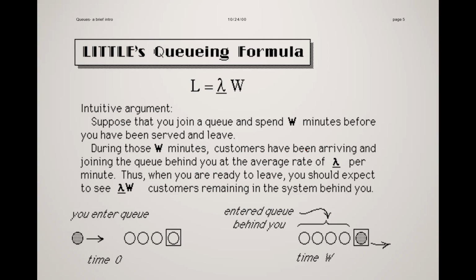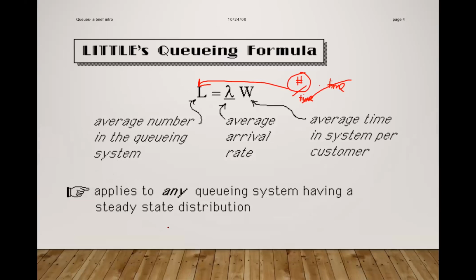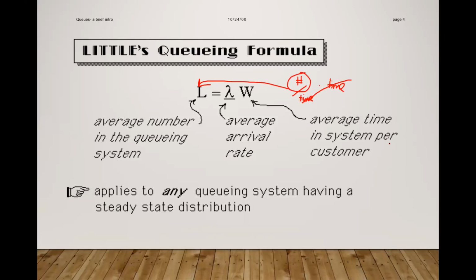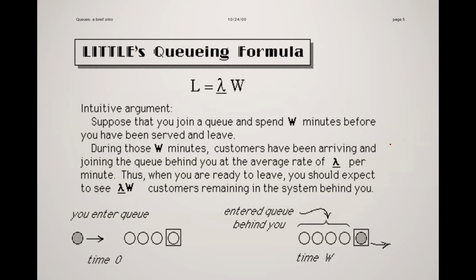Because the idea is you have lambda, the average arrival rate, and you have the average time in system per customer. So once you enter, someone is being served at that time, and then you enter the queue.